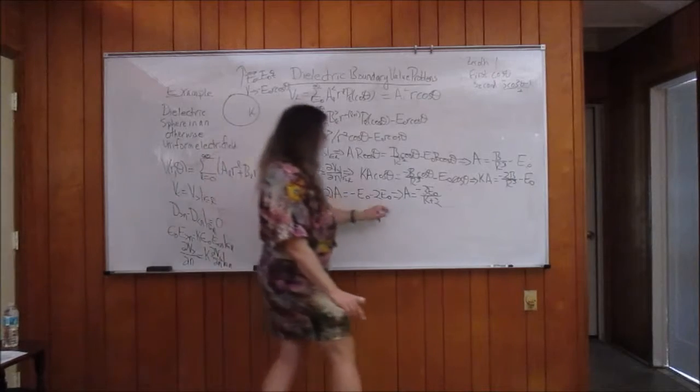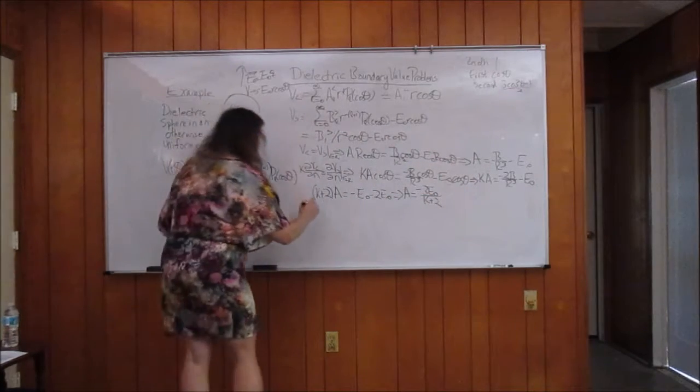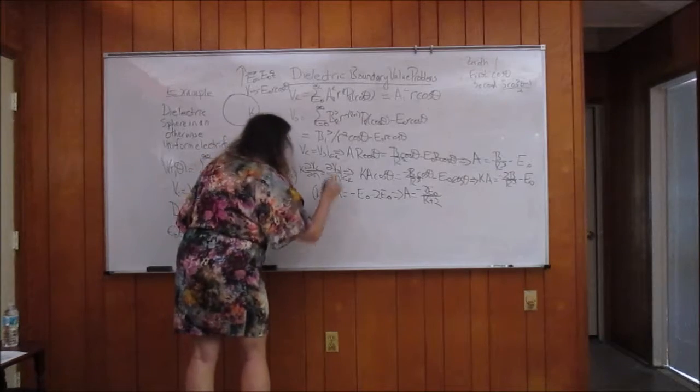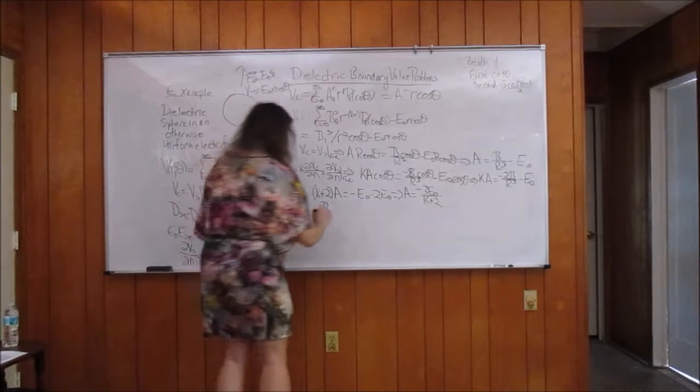And I can plug this into either one of these; I'll do it in the first because that's easier. Therefore, I can multiply that first equation by R cubed and move the E naught over to the other side.